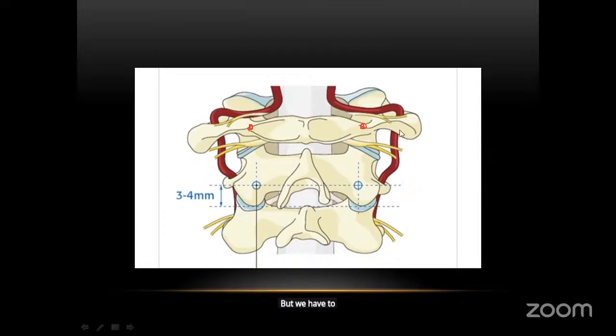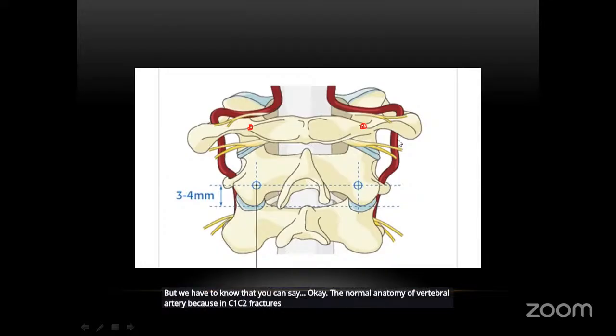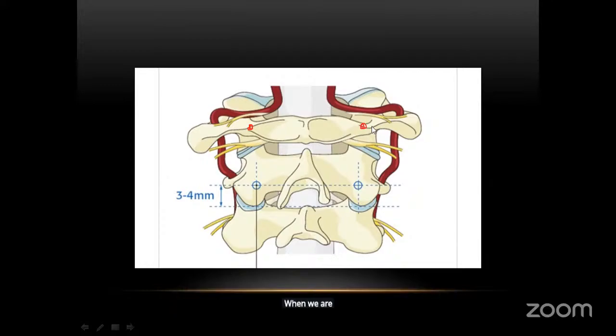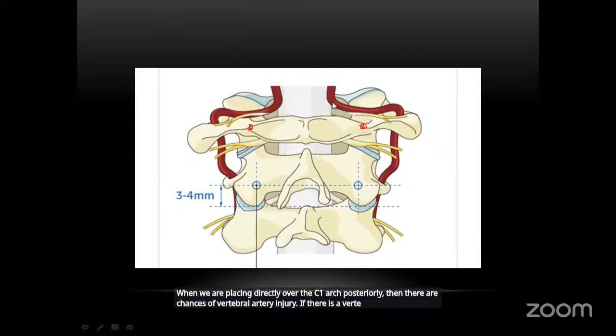But we have to know the normal anatomy of the vertebral artery, because in C1, C2 fractures, we usually do CT angiography or MR angiography. That will help us know the direction of the vertebral artery. When we place the screw directly over the C1 arch posteriorly, there are chances of vertebral artery injury if the vertebral artery is just coming down and posterior to this.